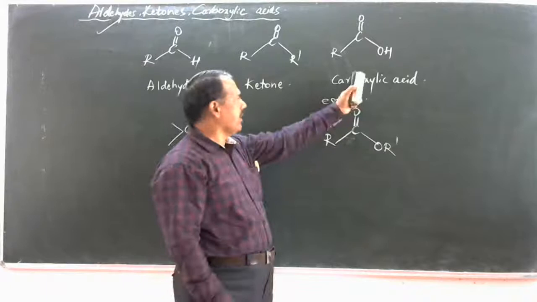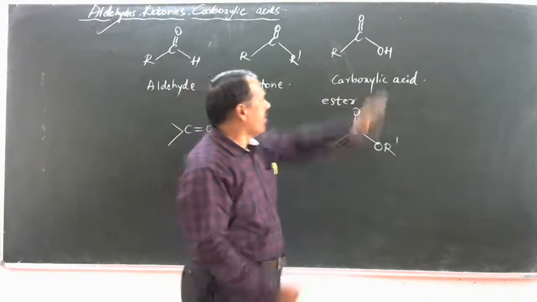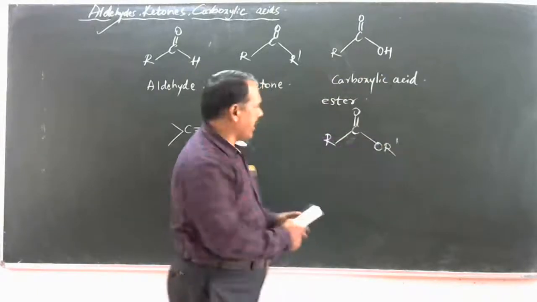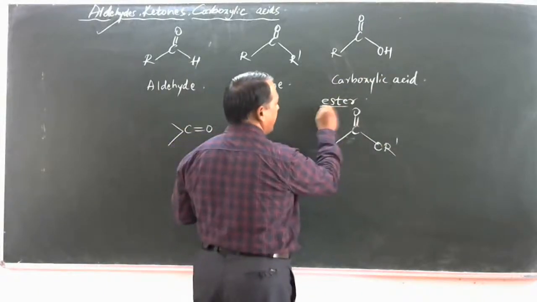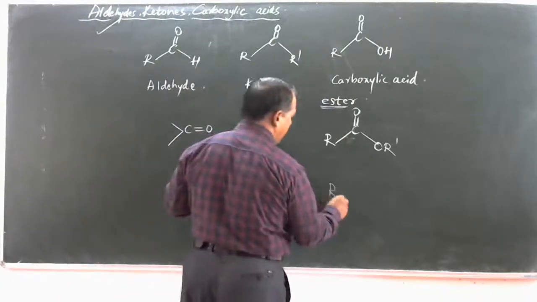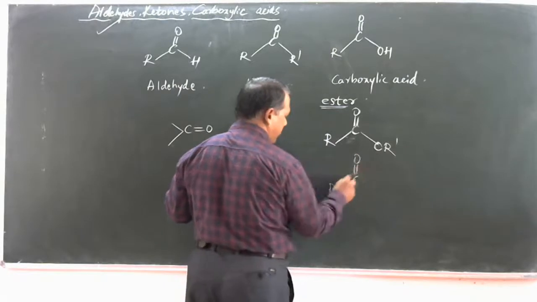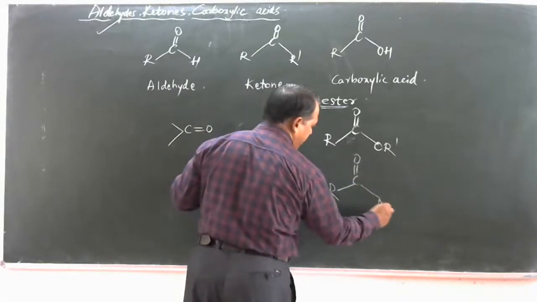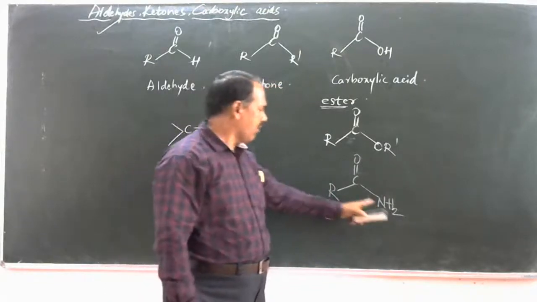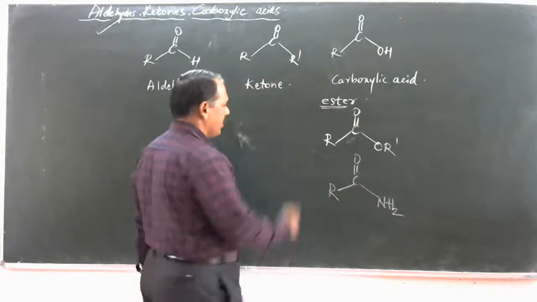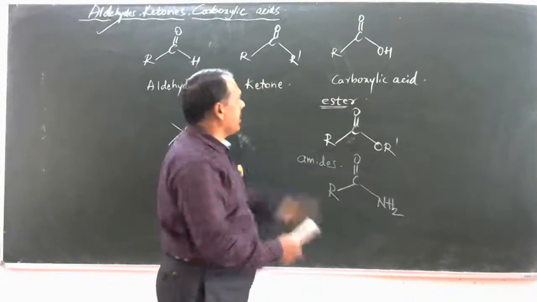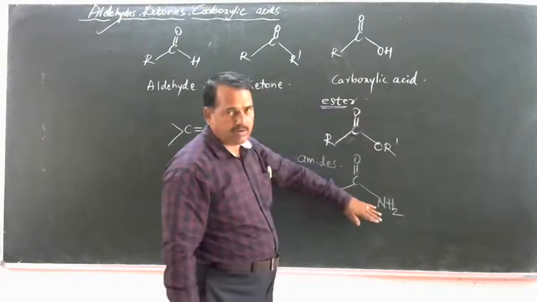It is a derivative of carboxylic acid, where instead of the OH functional group we have OR'. These compounds are called esters. Again, R-C double bond O, a carbonyl group attached to an amide group, is called an amide. All these are derivatives of carboxylic acid.